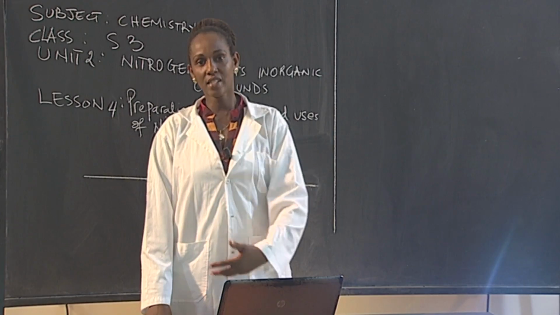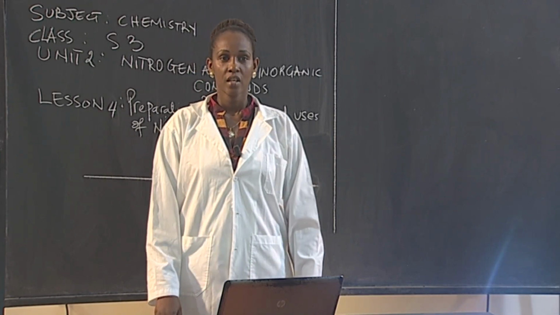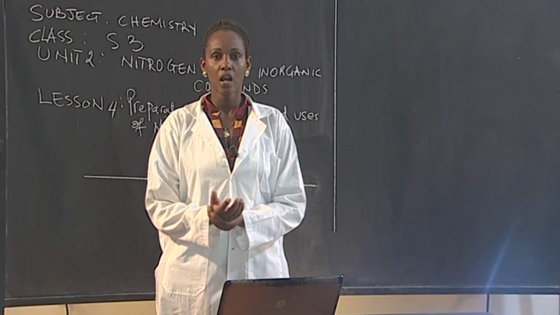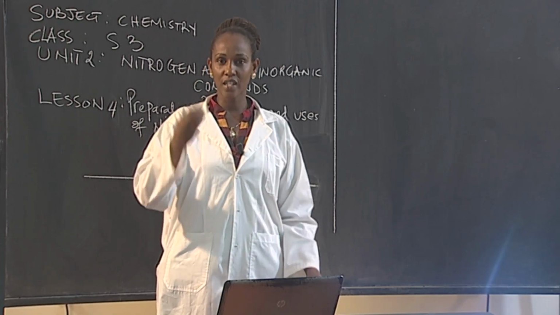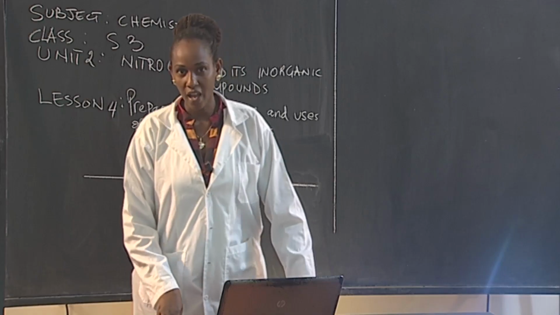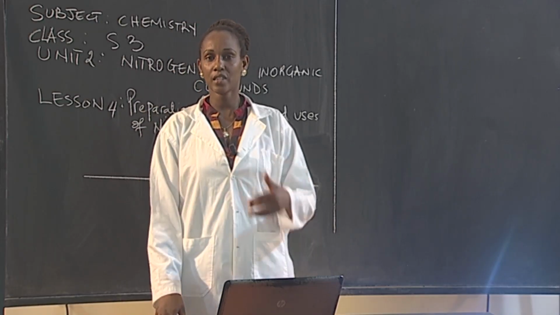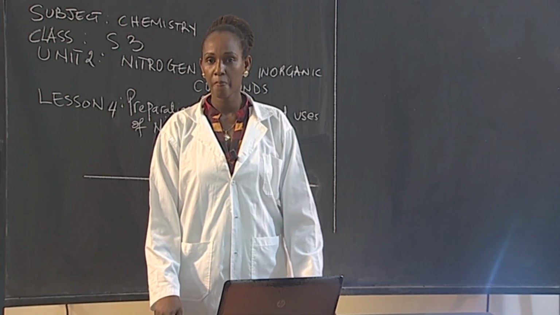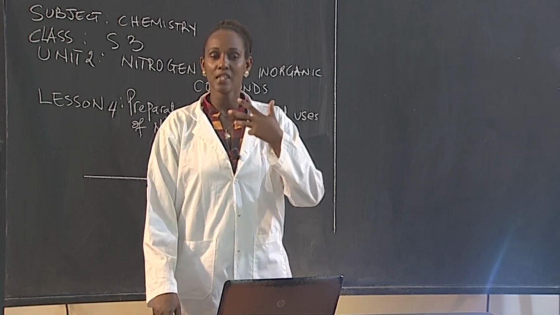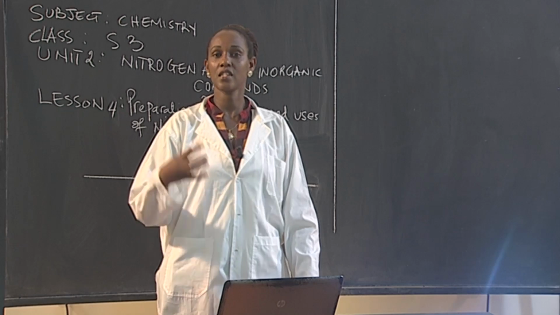So what is the objective of the lesson? By the end of this lesson, all learners here, I expect you to be able to describe the laboratory preparation of ammonia, to describe the properties of ammonia, and to state its uses.